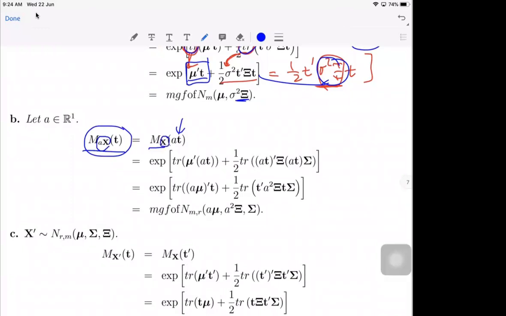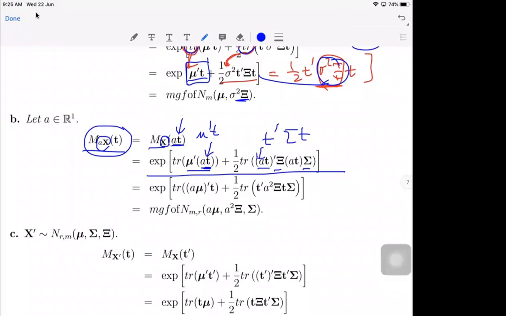But you know that x is normally distributed, so the moment generating function of a normal distribution is given by this, but at A t. So this is your mu, there will be mu prime A t. And then this is A t prime sigma A t, there should be equal to this.